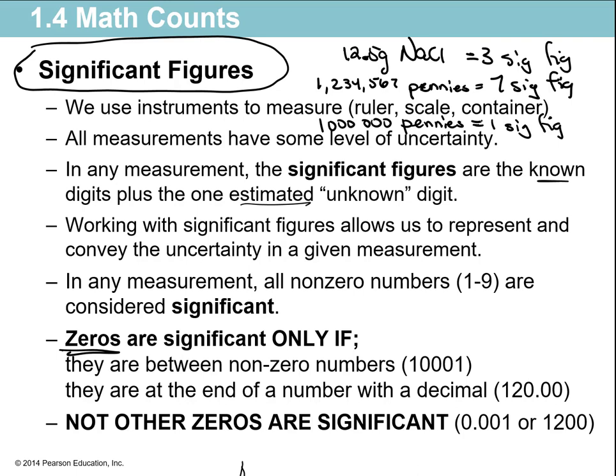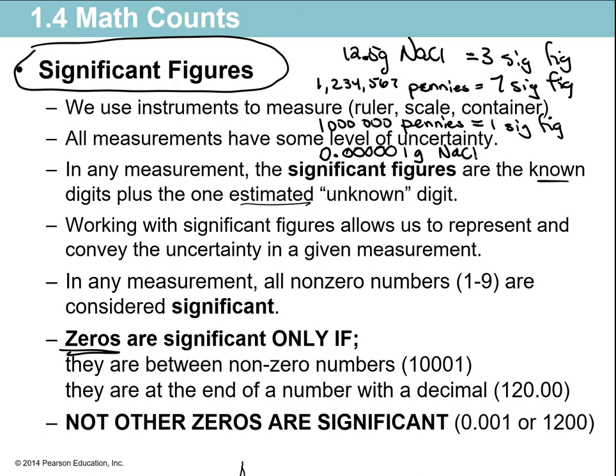Same thing if I said that I had 0.00001 grams of salt. Those zeros out front, they call those leading zeros. Zeros out front are really just showing you the size of the number. They are not considered significant. Leading zeros are the zeros out front with a decimal place.